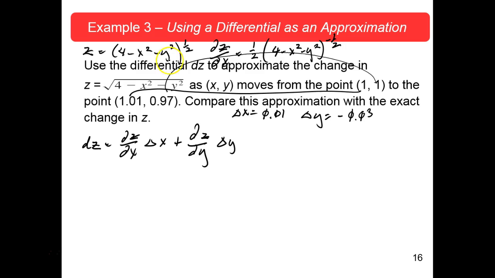Then you chain rule it, but only with respect to x, and that would be times a minus 2x. This is a constant. You treat that as if it's a constant. So the 2's are going to go out, and that's going to be a minus x over the square root of 4 minus x squared minus y squared, because the minus 1/2 moves it downstairs. That's your partial of z with respect to x.